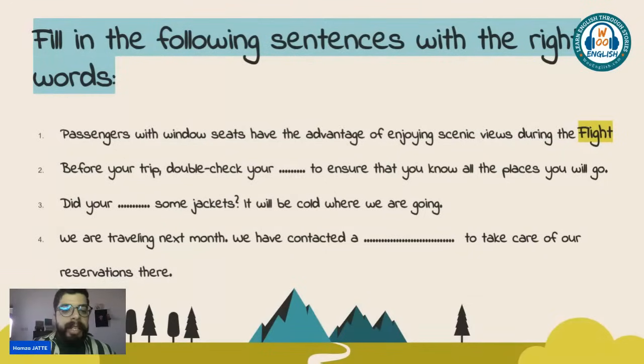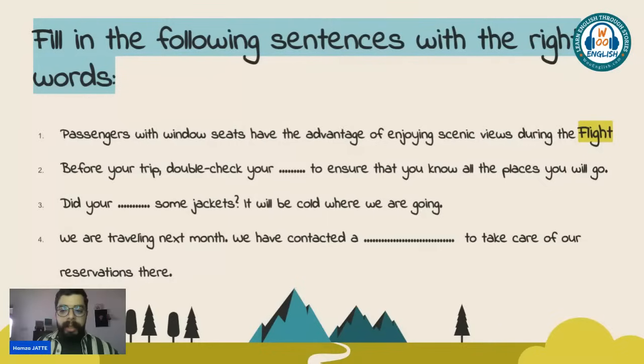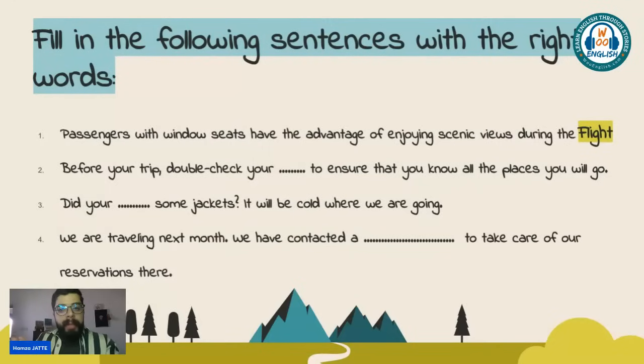Sentence number two. The flight, indeed, yes. Tavares, you got the question correct. Okay, before your trip, before you travel, double check your blank to ensure that you know all the places you will go. Amin says map. So before you go on the trip, make sure you check what the places are that you need to visit.